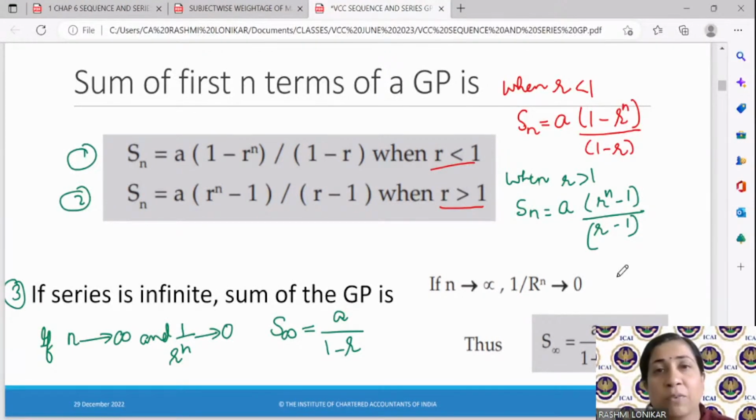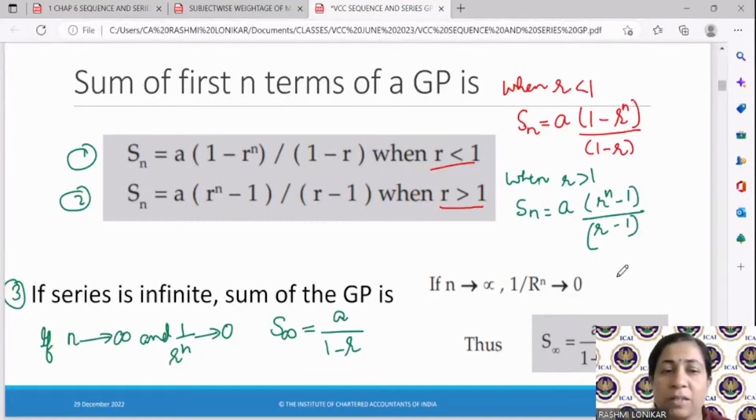But when r is greater than 1, what happens? It is a diverging thing. So your values of the sequence are going to become bigger and bigger. So it is going to move away from the x-axis. And so it becomes difficult to find the value of the summation. Okay, so this is also a theory question.